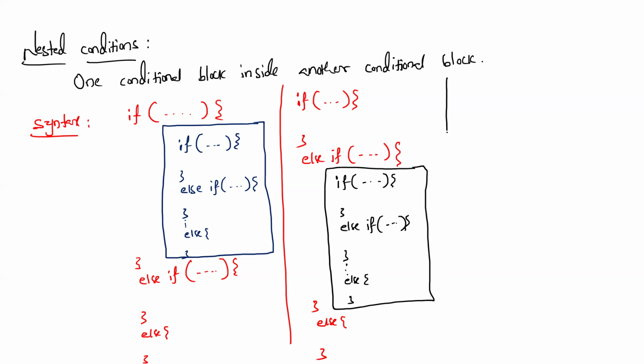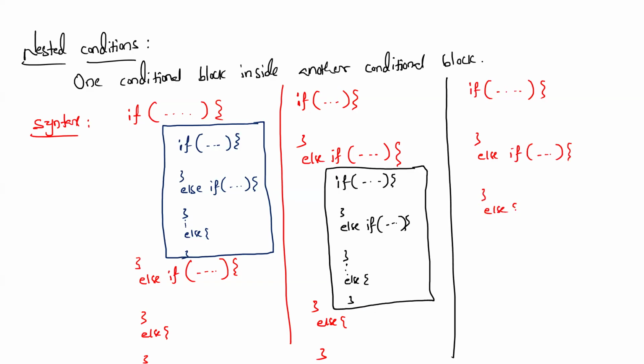Next, what is the third possibility? Inside else also, is it possible? First we'll have an if condition, then followed by else if condition, then followed by else block. Now inside the else block also, possible or not possible? So here, can we have only if inside else?